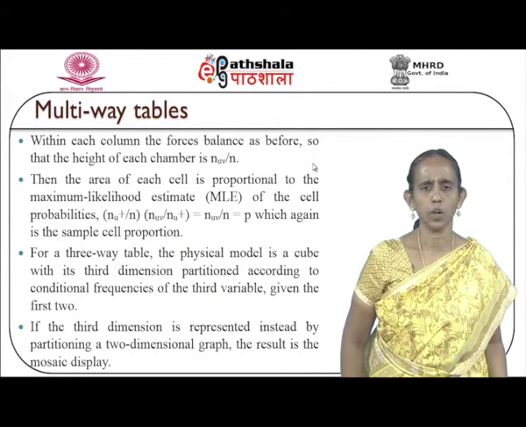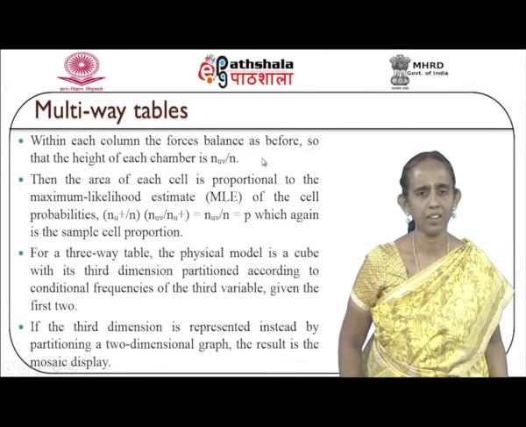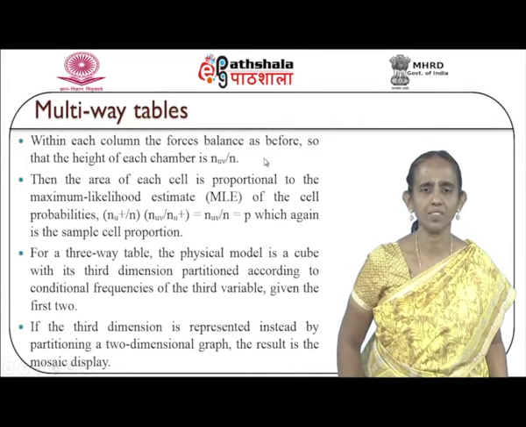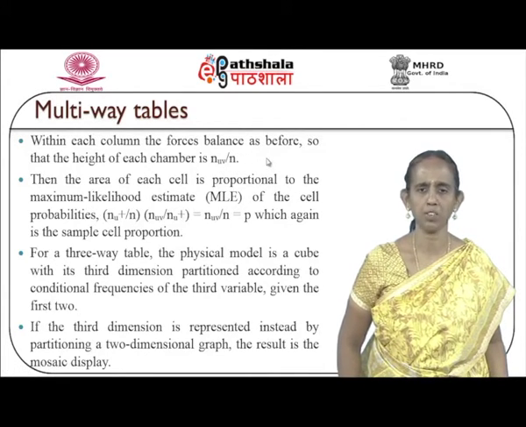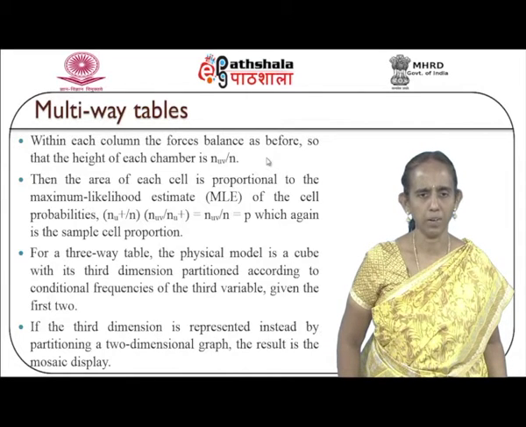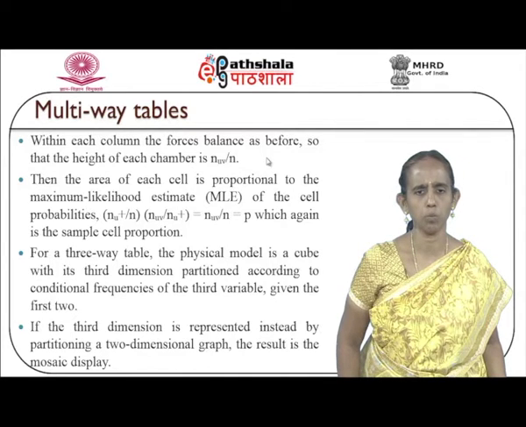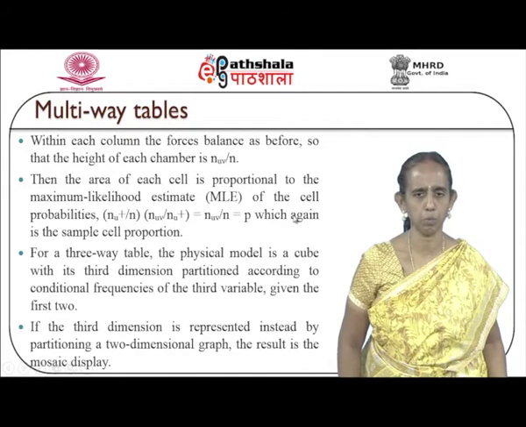Within each column, the forces balance as before, so that the height of the chamber is given as n_uv by n, and the area of each cell in turn is proportional to the maximum likelihood estimate, MLE, of the cell probability: n_u+ over n, the whole times n_uv divided by n_u+, which is equal to n_uv by n, which is equal to p, again a sample cell proportion.